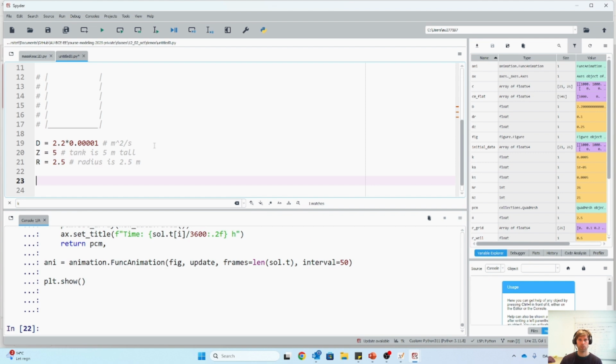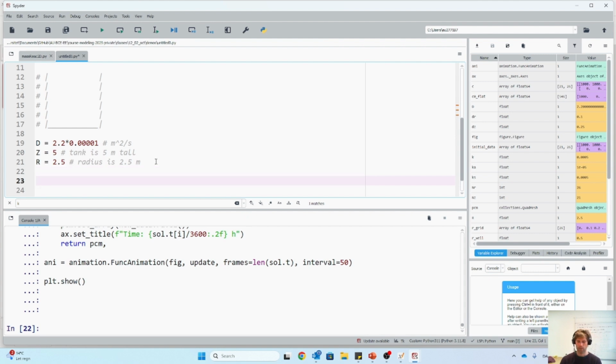All right, so I have already defined the diffusion coefficient for hydrogen sulfide. We will assume that the height of the tank is 5 meters and the radius is 2.5 meters.